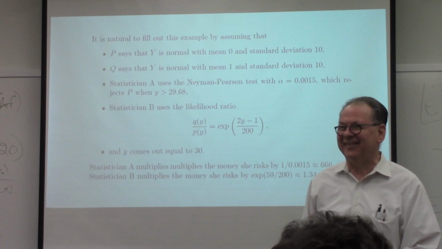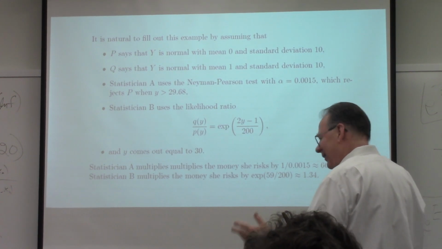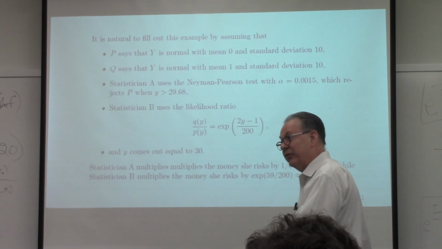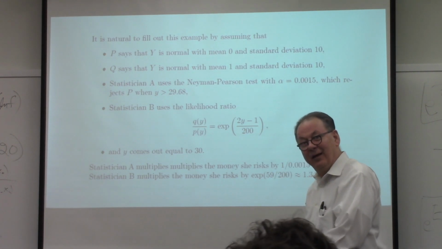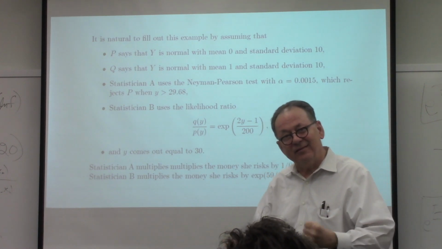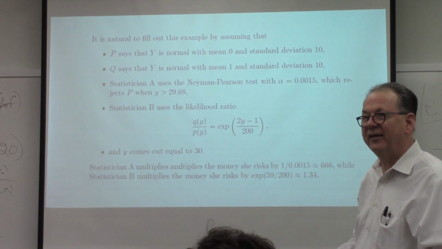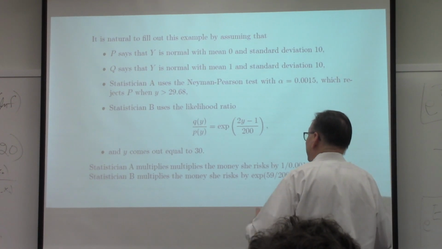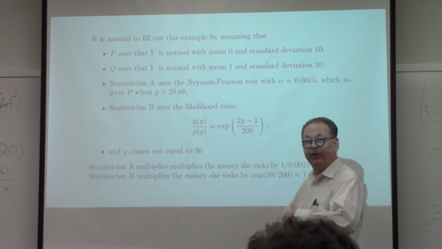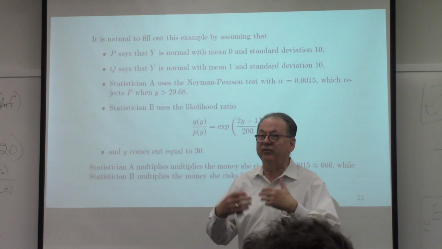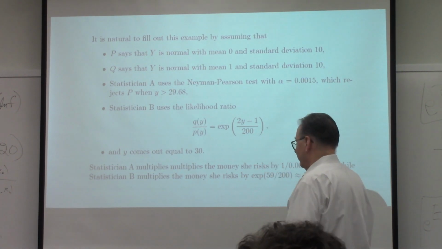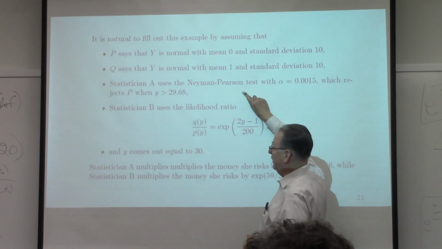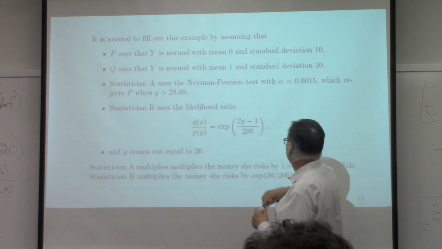So the mathematical statisticians may understand this, but you have a lot of sociological factors that are keeping the mathematical statisticians' understanding from penetrating, because people want to get PhDs, they want to get master's degrees, they want to get papers published, and so on. So what happens if statistician A uses the Neyman-Pearson test in this situation?